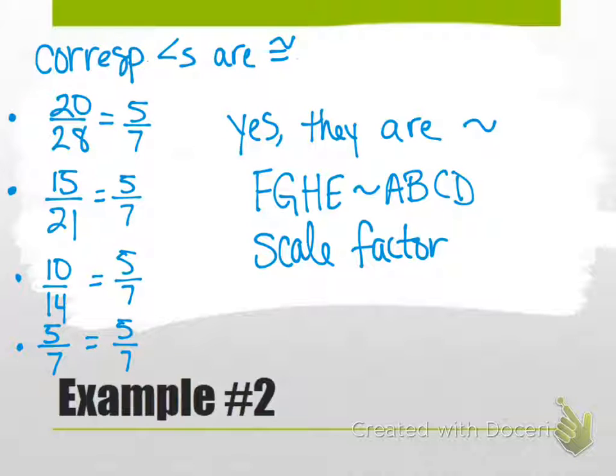So that way our scale factor is just equal to this ratio that we got. The scale factor is the same as that constant ratio, 5/7. We did talk about scale factors a little bit when we did dilations. Remember when we took figures and made them bigger and smaller? So we have talked about scale factors a little bit before.